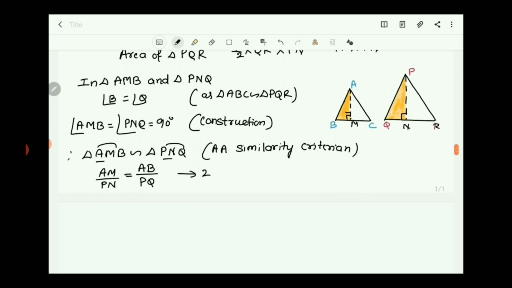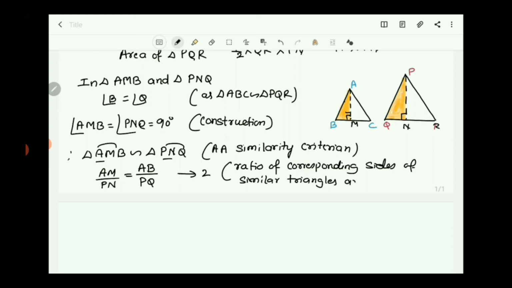The reason is, the ratio of corresponding sides of similar triangles are equal. So, you got AM by PN is equal to AB by PQ, as you proved that triangle AMB is similar to triangle PNQ.